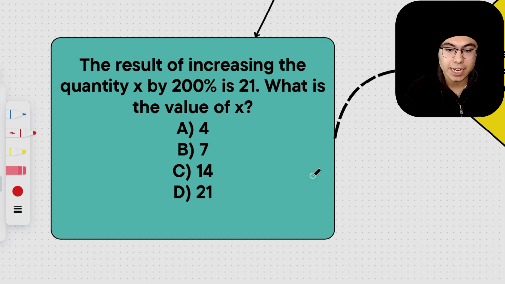In this case, we've got a quantity, which is X, and this is like 100%.